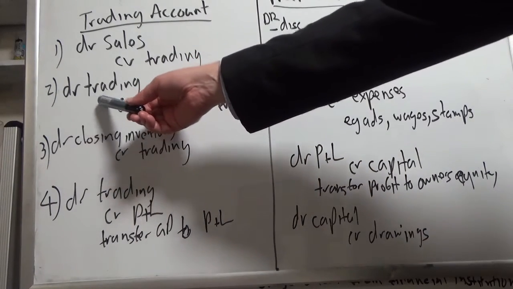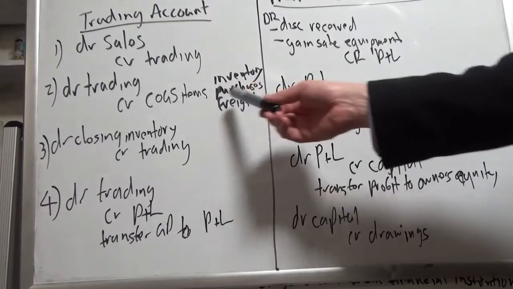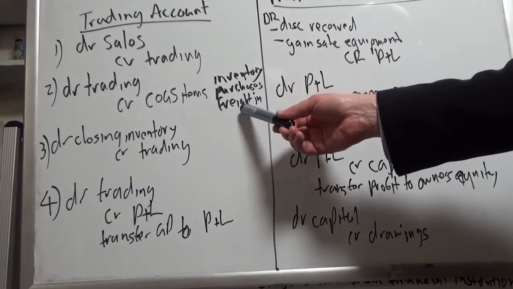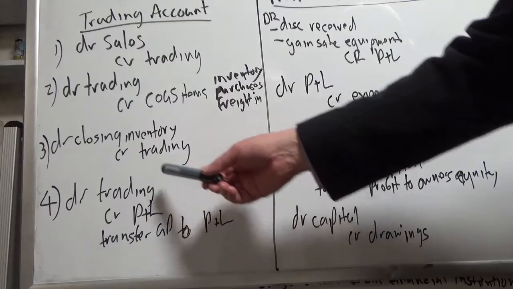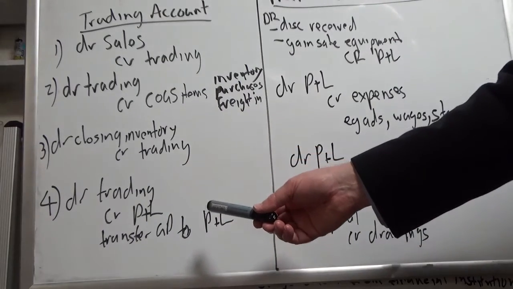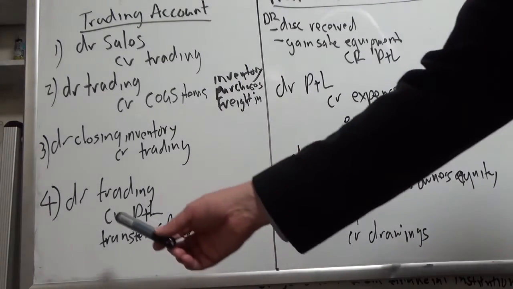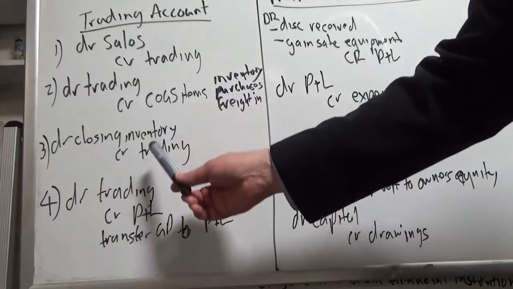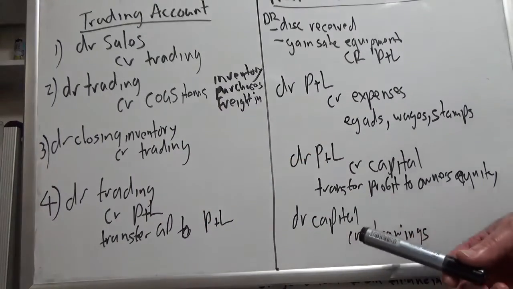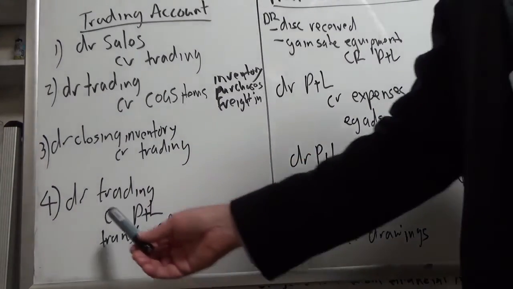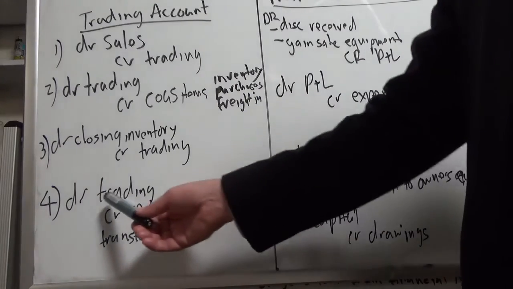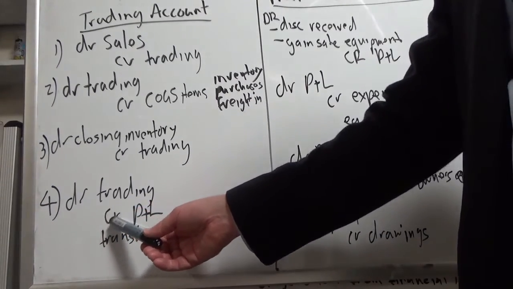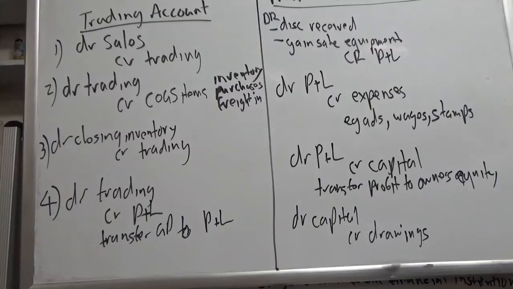You debit trading and credit the COGS items such as inventory purchases and freight in. You debit closing inventory and credit the trading account, closing off the inventory for the year. And finally, after these three general journal entries have been completed, you transfer gross profit to the profit and loss account. So you debit the trading account and credit profit and loss.